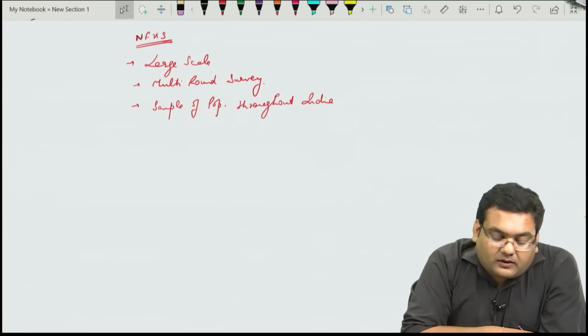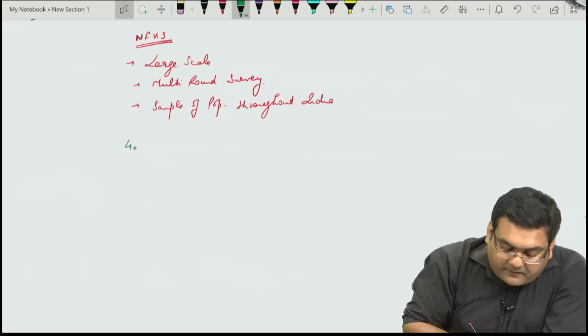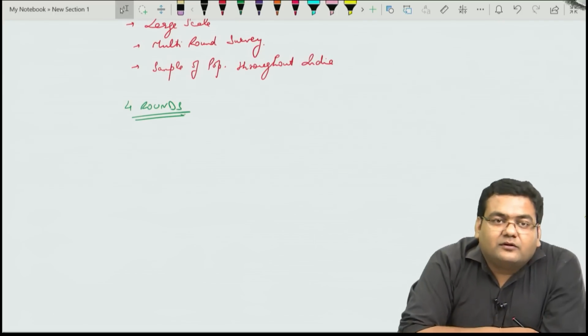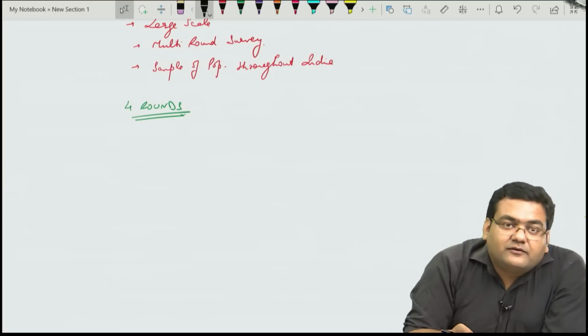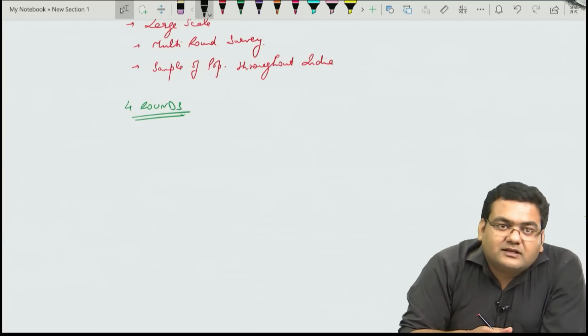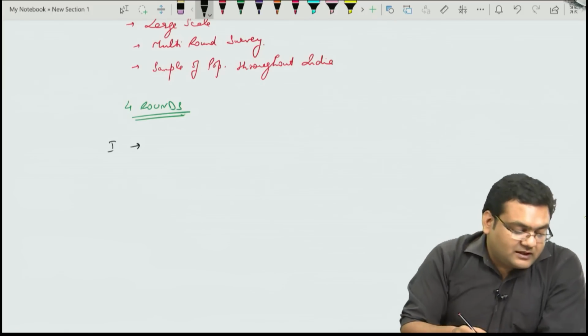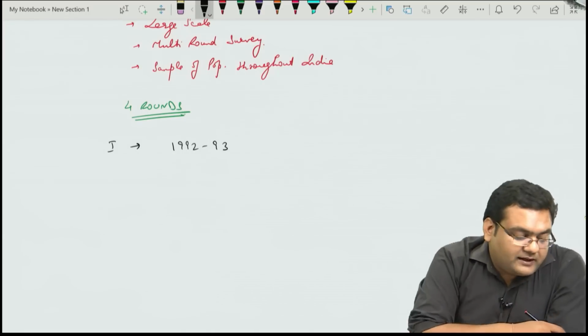Now, till date, NFHS has successfully completed 4 rounds and currently is in the process of conduction of this 5th round. Now, what are the different time frames under which these rounds have been covered? First round was done in the year 1992 to 93.